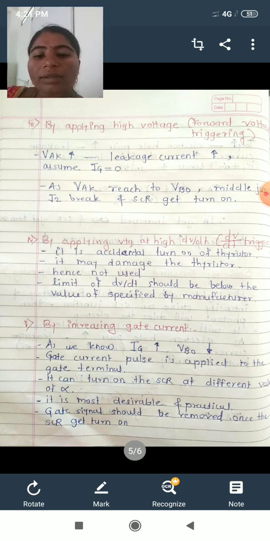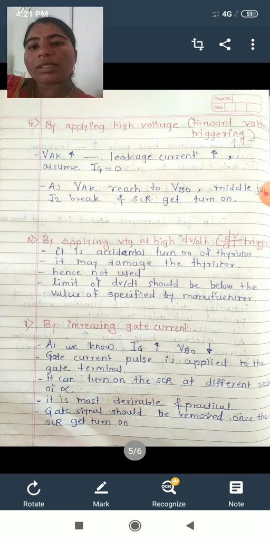Hence, by different values of Ig, we can turn it on for different values of alpha. It is the most desirable and practical method used for triggering the SCR. Once the SCR is turned on, you can remove the gate pulse and the SCR remains in the on condition. Hence, it is the most preferable method for turning on the SCR.